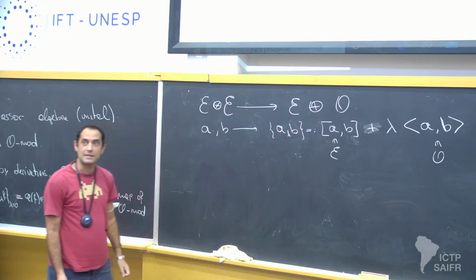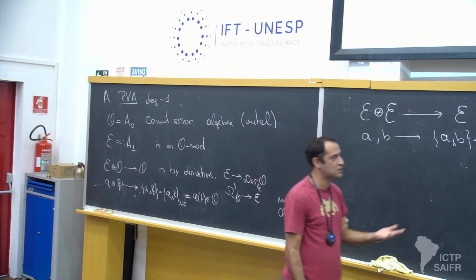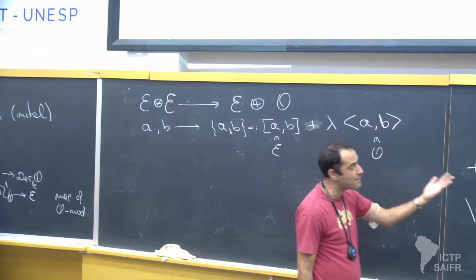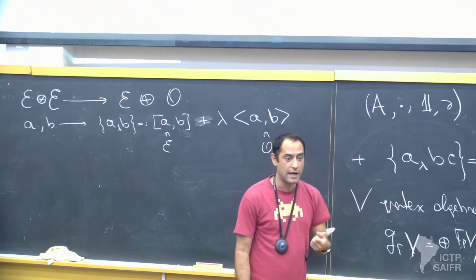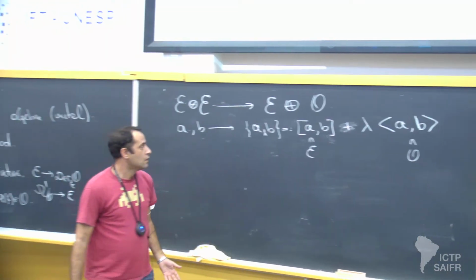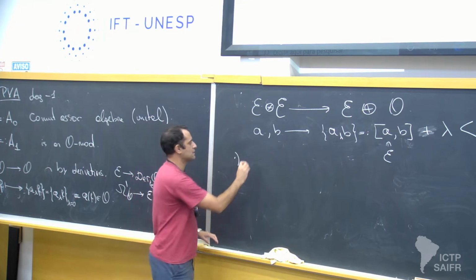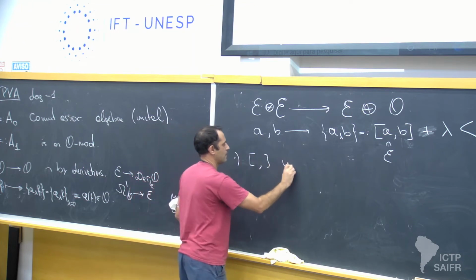So what are the axioms that you get out of the Poisson vertex algebra? The Poisson vertex algebra lambda bracket was a Lie conformal algebra. It satisfies skew symmetry, and it satisfies the Jacobi condition. So out of those, you will get a bunch of axioms. This bracket wants to be a Lie bracket.